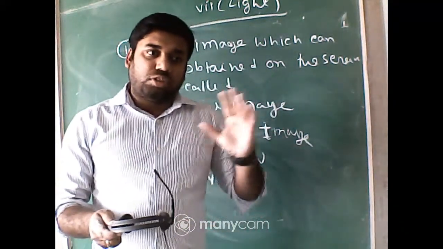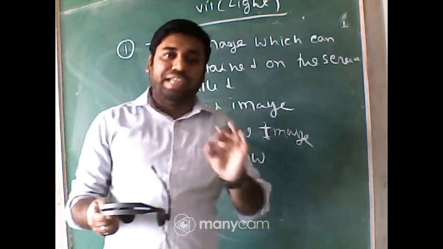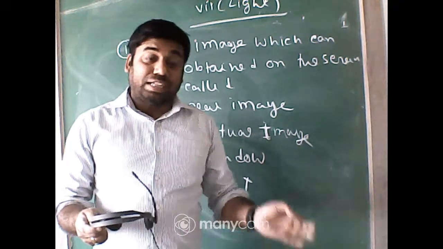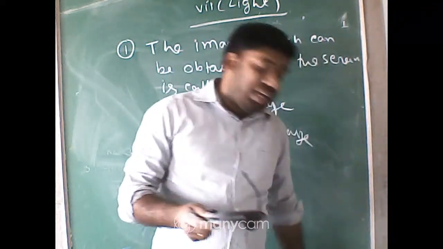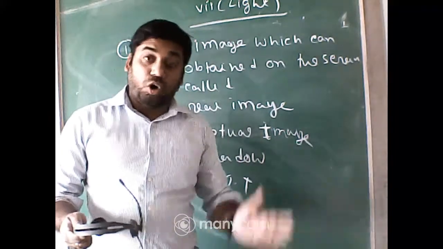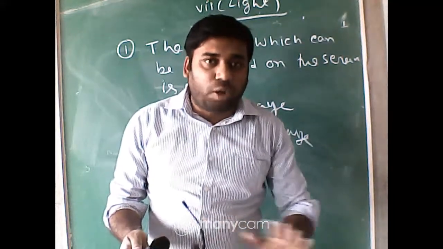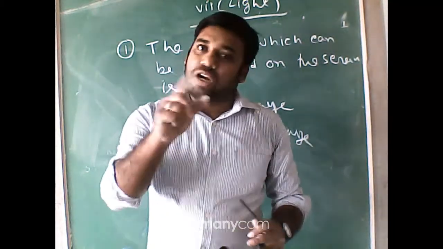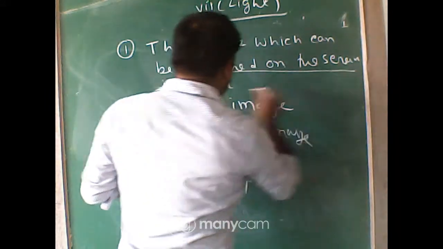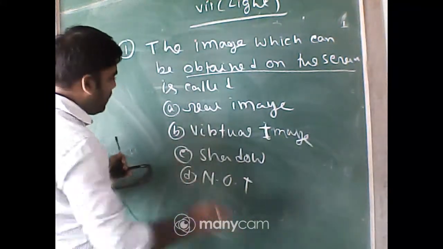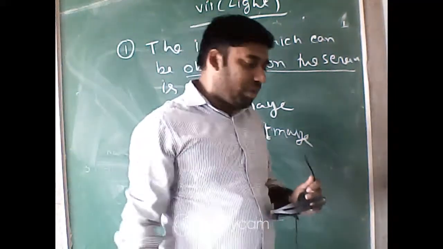In the context discussion, I have told you the basic difference between real image and virtual image: the image which can be obtained on the screen is called real image, and the image which cannot be obtained on the screen is virtual image. So here it is mentioned that the image is obtained on the screen, then obviously among these four options, real image is the correct answer. Okay, so that is question number 1.